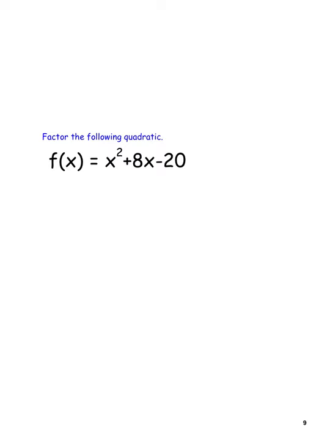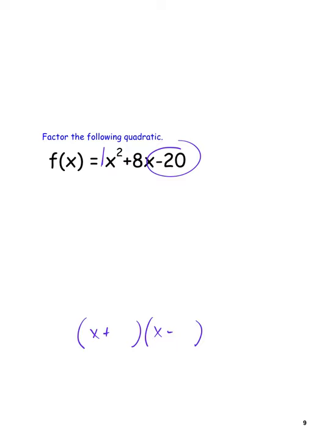Second one here. Again, it's still just 1x, so we know it's going to be x and x. Now what we also know is that the C term is a negative term. And again, the only way to get a negative term is to have a positive and a negative. So that means we know that one of these will be plus and one of these will be minus.